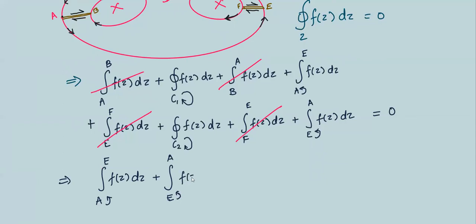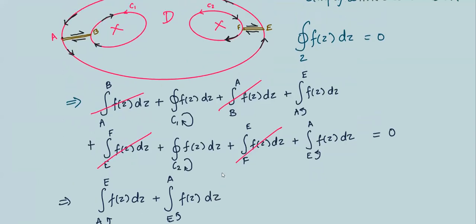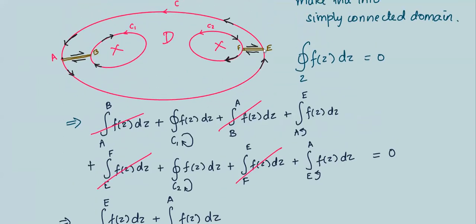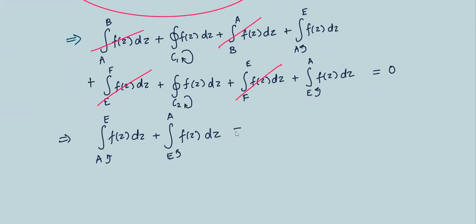So this is along the path, okay? A to E, E to A. So that together they form the path C, which is equal to minus the closed loop C1 f of Z dz minus the integral closed loop C2 f of Z dz.